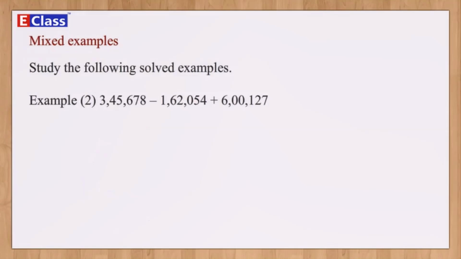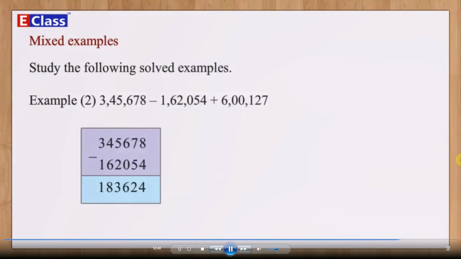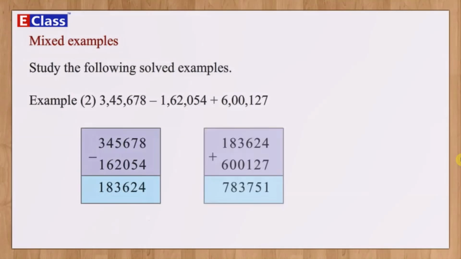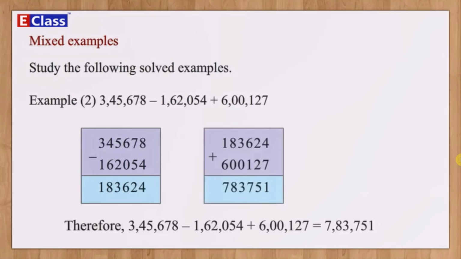3,45,678 minus 1,62,054 is equal to 1,83,624. 1,83,624 plus 6,127 is equal to 1,89,751.